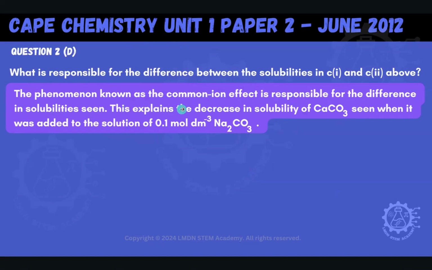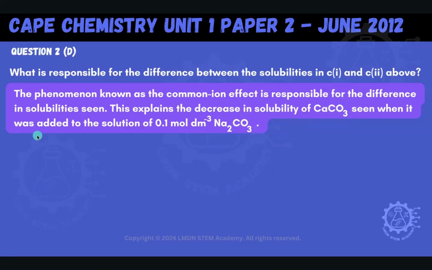So this is what explains the decrease in solubility of calcium carbonate that is seen when it was added to the solution of 0.1 mole per dm cube of sodium bicarbonate. Because we have ions in common now, the carbonate from this and the carbonate from that, it decreased the solubility, okay?